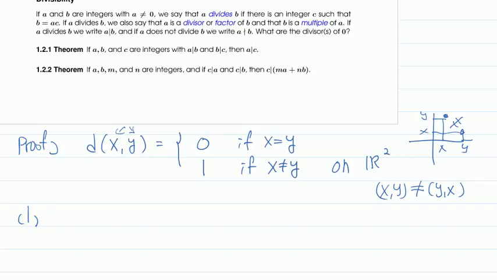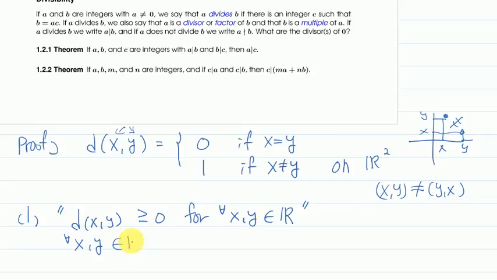So let's try to prove. The first thing is, no matter what, let me write down the property here. d(x,y) should be greater than or equal to 0 for all x and y in R. Careful, not x. That's the statement, and we need to prove it. If you choose any elements x, y from the real number set, then we have only two choices: either x is equal to y, or they are not equal to each other.